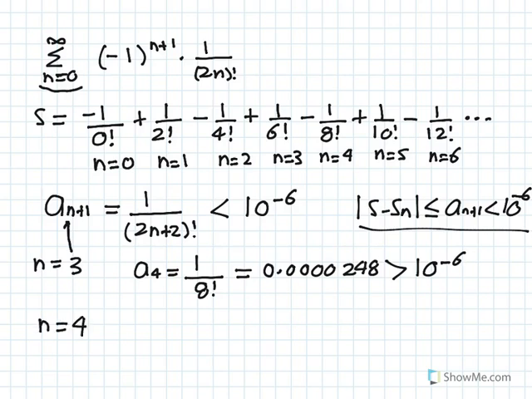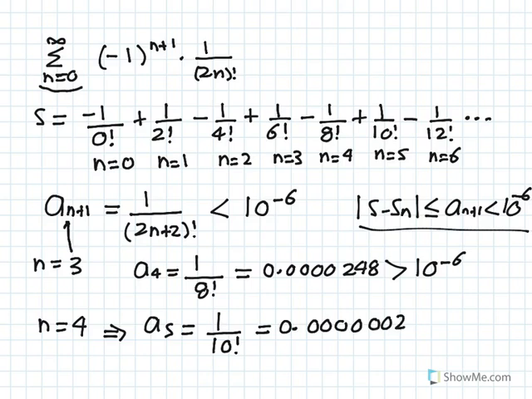Trying n equals 4, we get a5 is equal to 1 divided by 2 times 4, 8 plus 2, that's 10 factorial. This is equal to 0.00000028. This is less than 10 to the power of minus 6, because we've got 6 zeros here, and the next decimal place is 0.